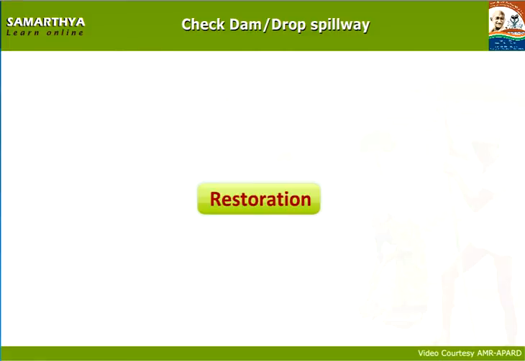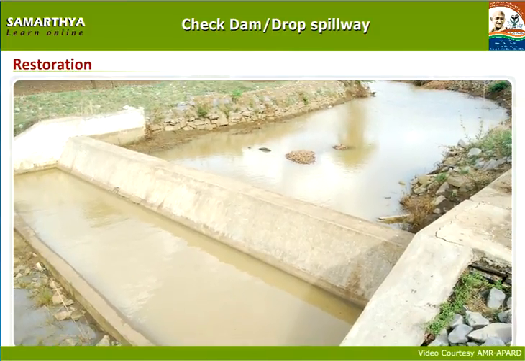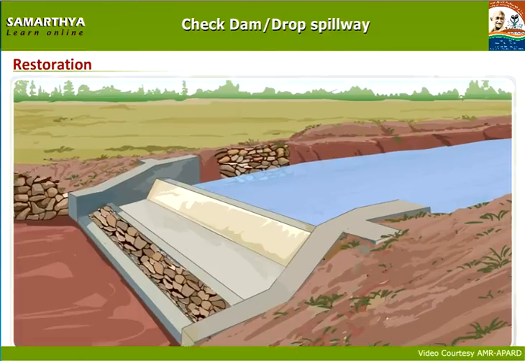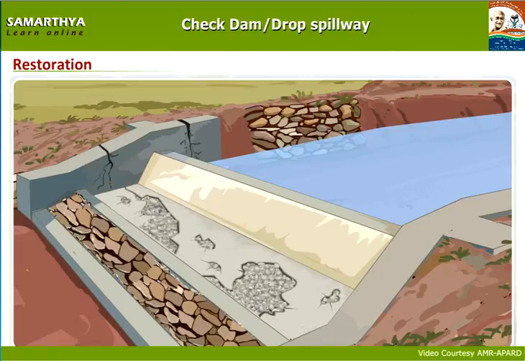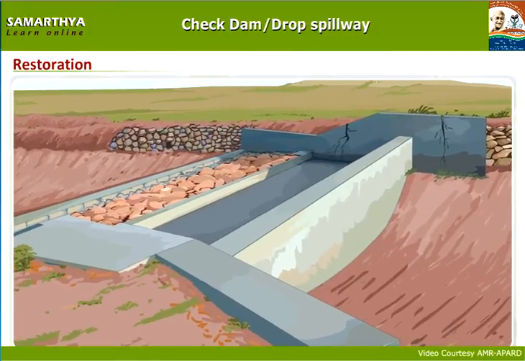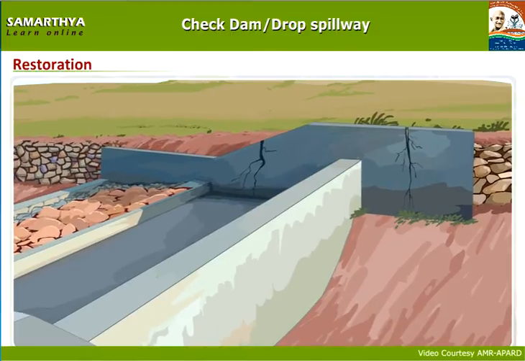Restoration of check dam. Continuous supervision is required even after constructing the check dam. Because check dam is a cement construction, in due course of time, it is a common phenomenon that cracks may develop in the walls of check dam due to flow velocity, cracks in apron, cracks in body wall on both sides of main walls, that is, upstream side wall and downstream side wall.